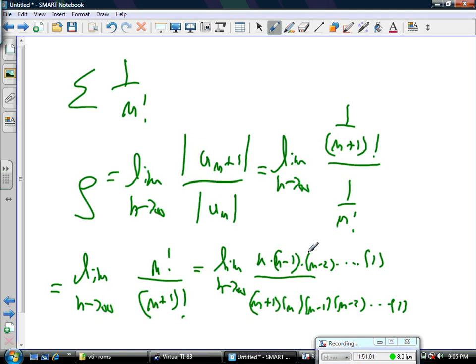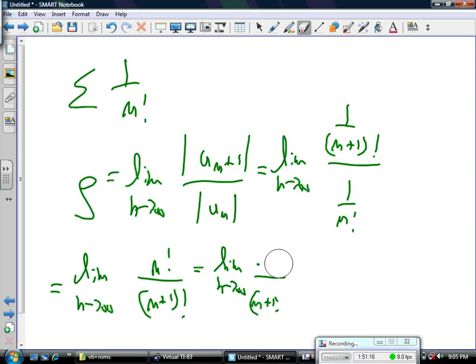What happens to the n's? Cancel. The n minus 1s, n minus 2s, everything all the way down to 1. What's left? 1 over n plus 1. What's that limit as n gets huge? It's 0. Is that less than 1?